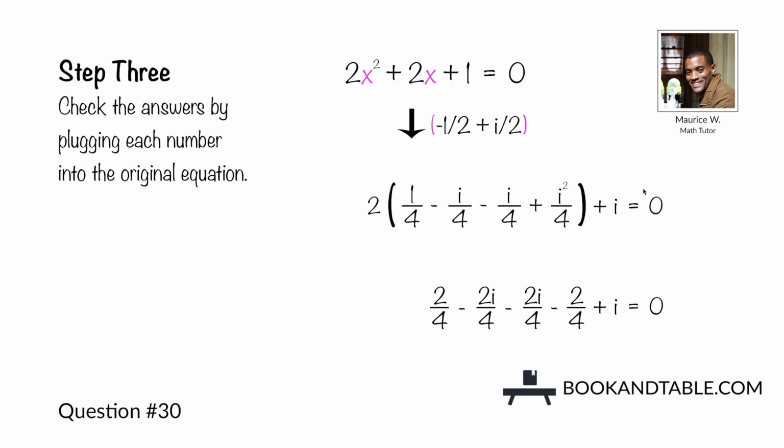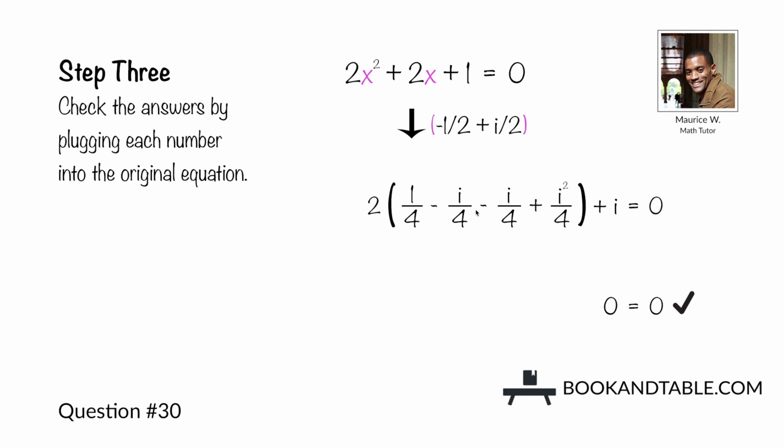Plus i is equal to 0, giving us 2 over 4 minus 2 over 4, so those cancel each other out. And negative 2i minus negative 2i over 4 gives us negative 4i over 4. This would give us negative i. Negative i plus i is equal to 0. And this confirms that x also equals negative 1/2 plus i over 2.